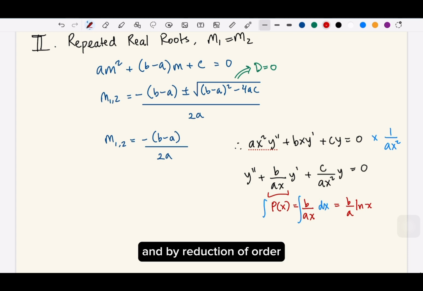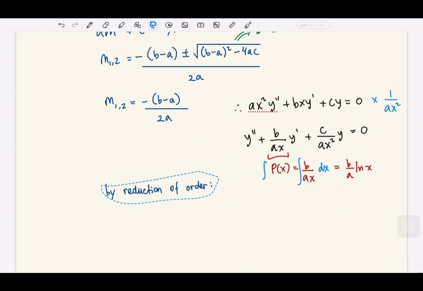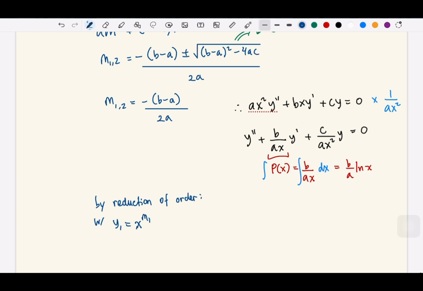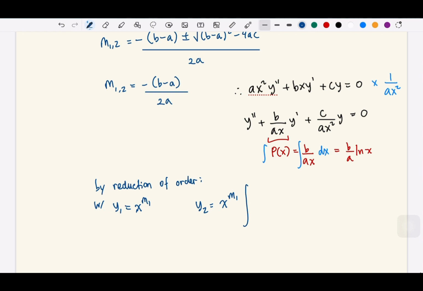And by reduction of order, with y1 as x to the power of m1, then y2 will be x to the m1 times the integration.